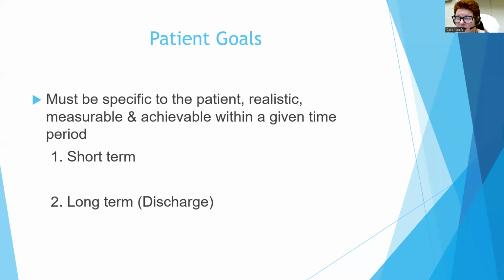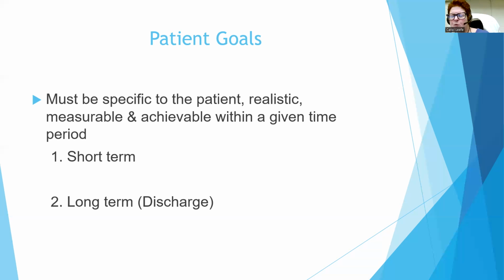It's realistic. It's definitely measurable by either a CBC with the white blood cell count or taking vital signs with the temperature, and can be achievable within a given time period. So if they're on antibiotics, in 3 to 4 days, depending on the severity of the infection, you want to see, and you trend the data.